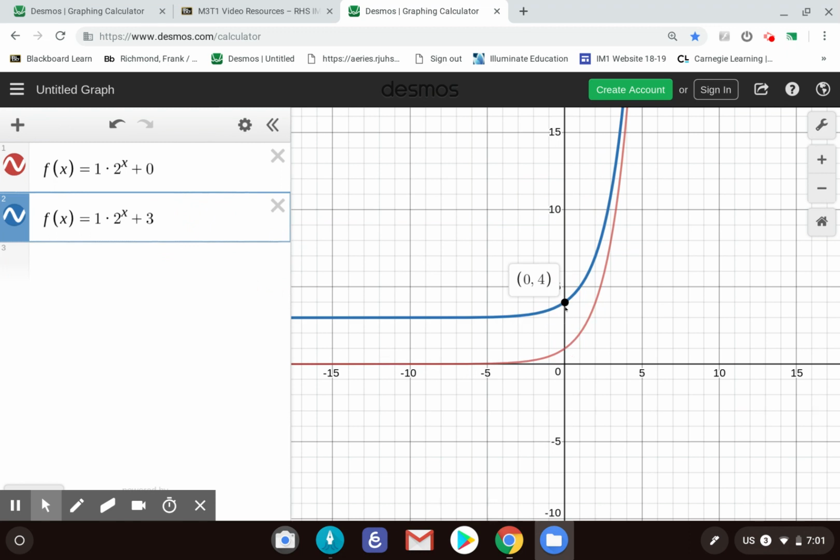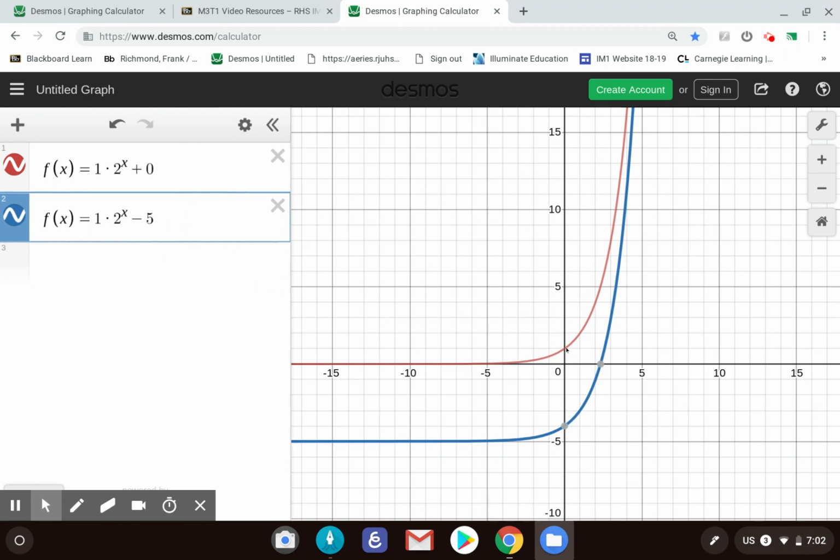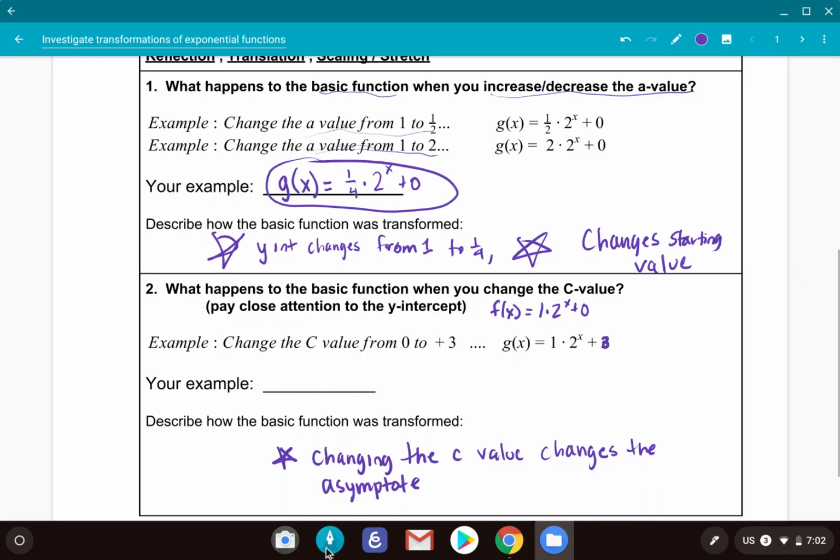So it bumps the y-intercept up or down by whatever the c value is. If it was -5, now my y-intercept is -4. So it dropped it down 1, 2, 3, 4, 5 spaces. So it changes the y-intercept up or down c spaces.